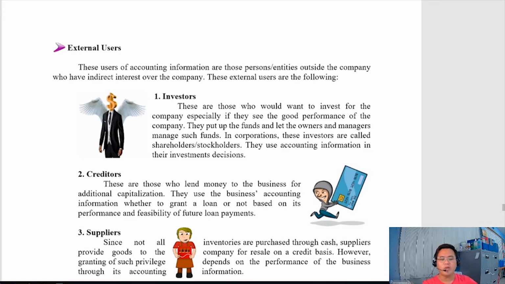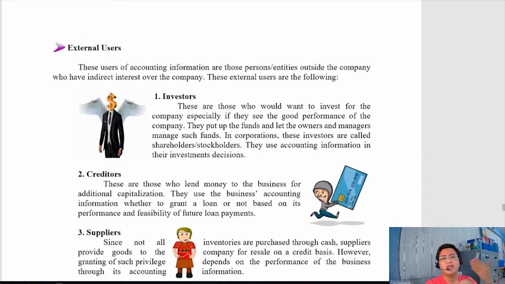So the investors would like to ask for the financial statements, and based on the financial statements, he will have to make the decisions whether he would be investing or not to the company. Number two, creditors. If you want to obtain a loan from creditors, you are required to present your financial statements. That is also required by the Bangko Sentral ng Pilipinas, that you have to present your financial statements to the creditors.